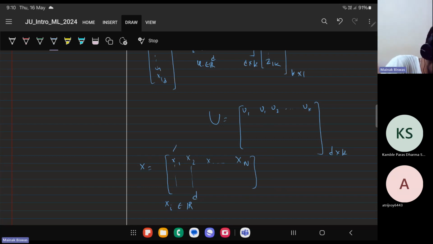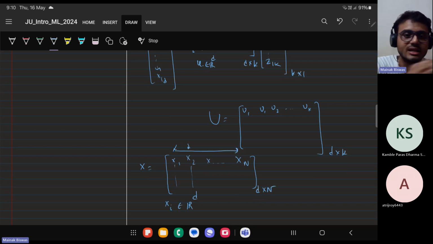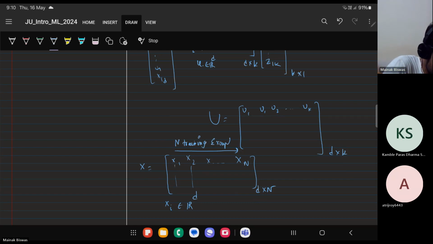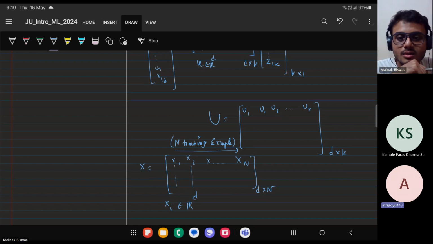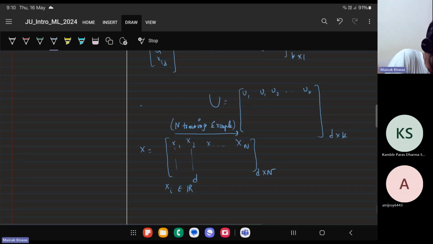These are all training examples. This is D cross N dimensional features. N training examples, instead of writing it in rows, I'm writing it in columns, just like we did in neural networks. It's easier to write this way. You can write the other way, but the transposes will change. In MLP we wrote this way, so I'm sticking to that.